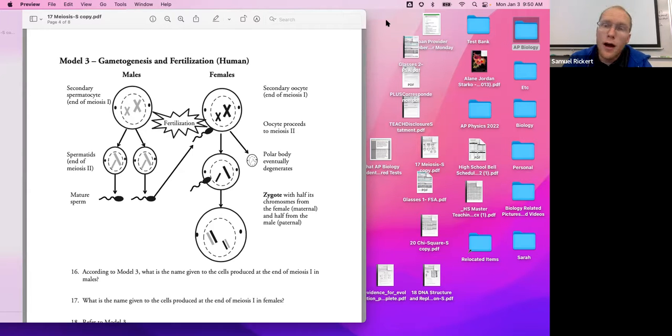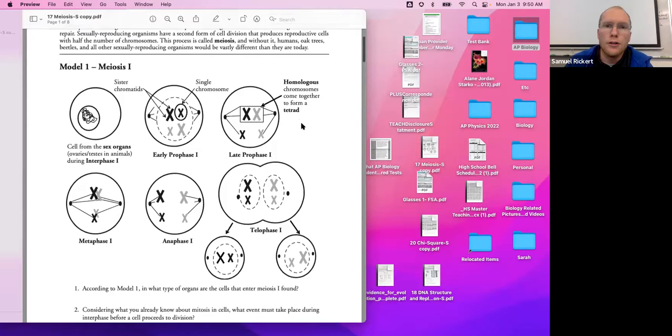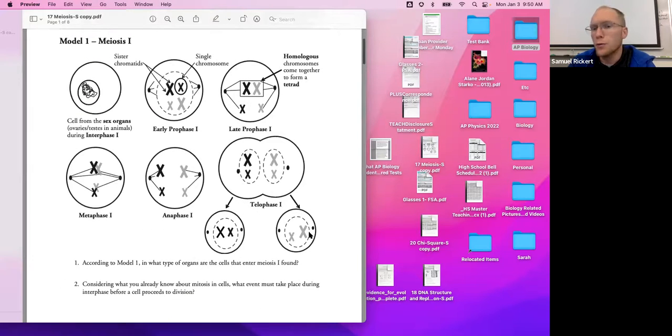Then those exchanged chromosomes are pulled apart and separated ultimately into the two cell products of meiosis 1, which are genetically distinct two cells with still the same number of chromosomes.